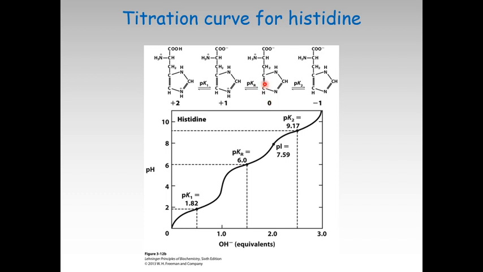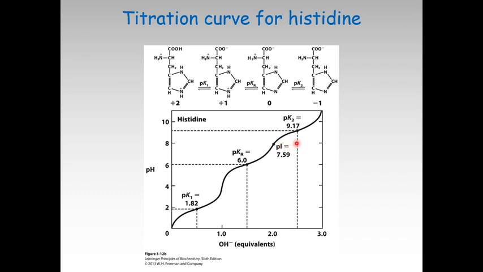Remember, this is when this group starts losing its proton, right, at pKa of 6.0. And at this pH of 7.59, it becomes electrically neutral.